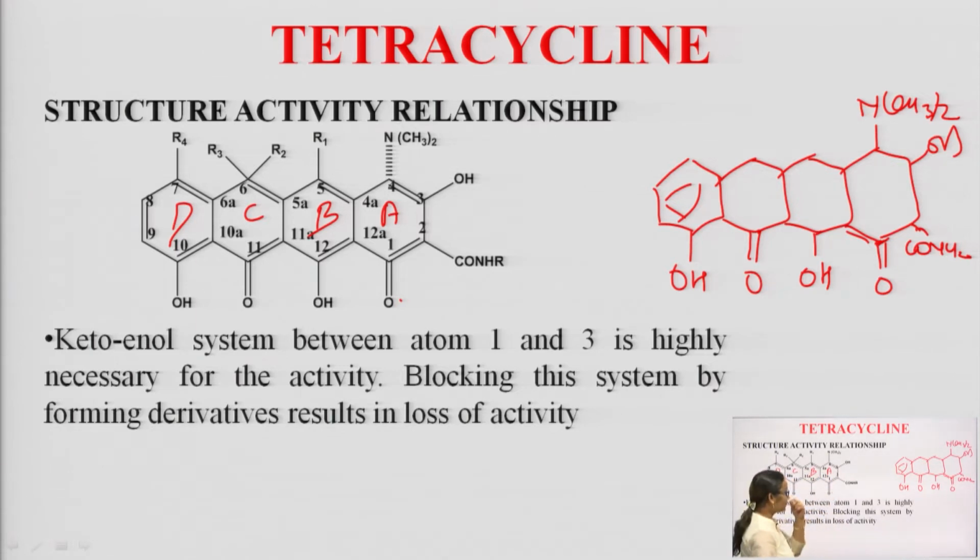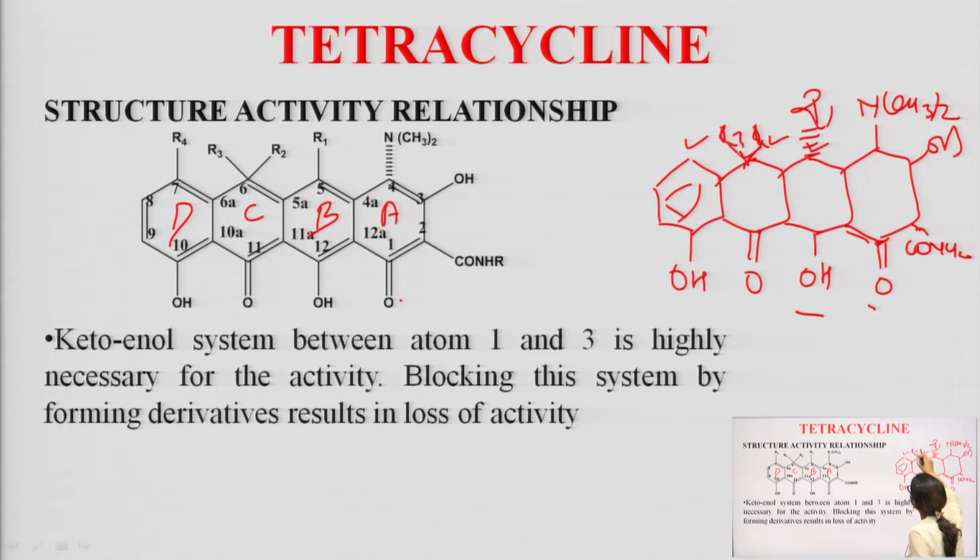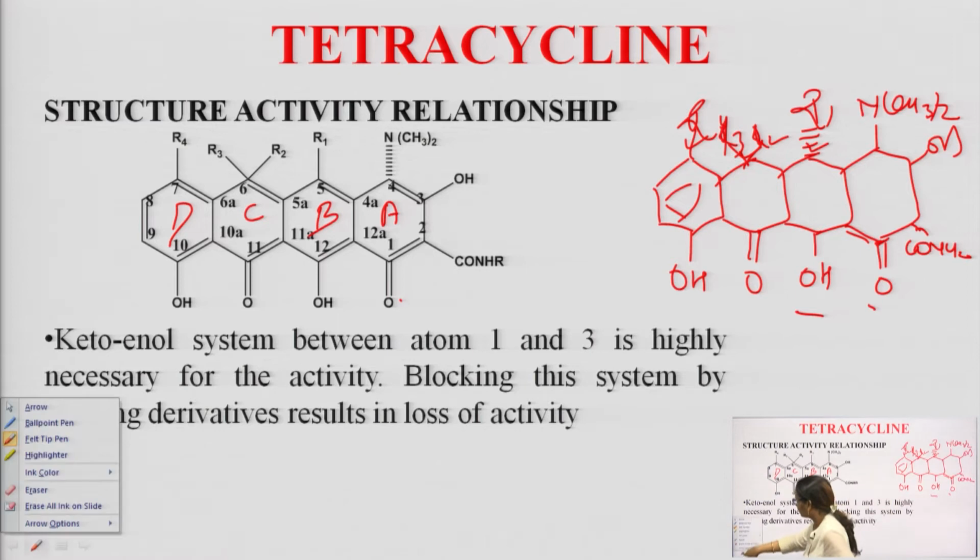This area, along with the CONH2 plane, is occupied by the ketonic and alcohol groups, but these positions remain. No functional groups are here. So, these positions can be substituted by functional groups, for example R1, R2, R3 and R4. The same thing I have written here.